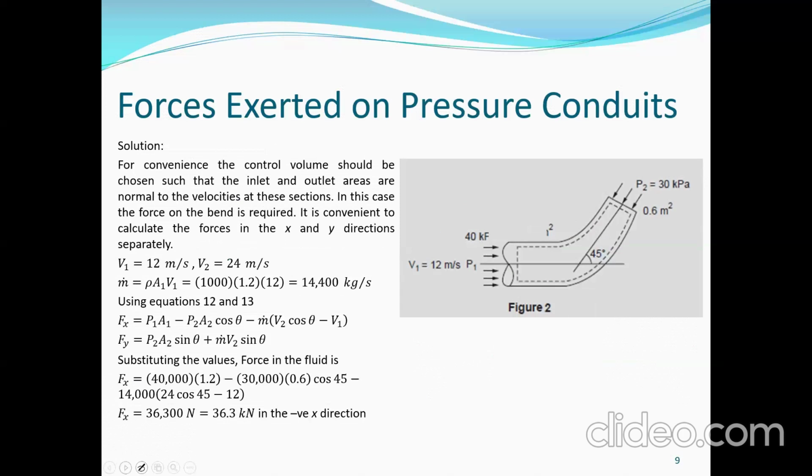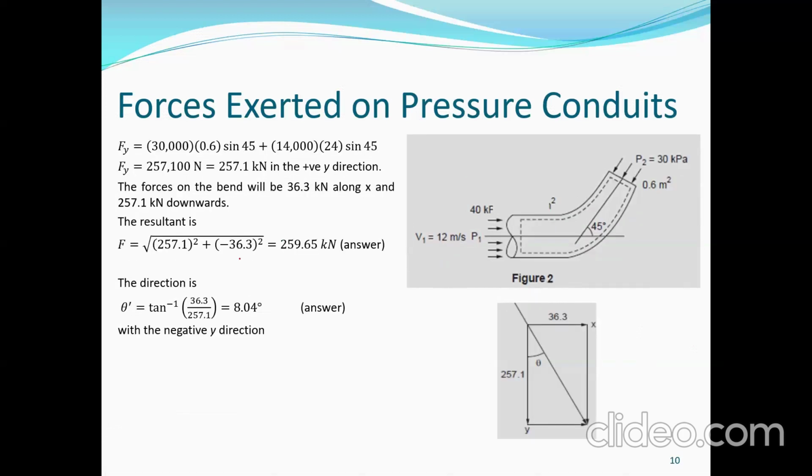In the negative x, kaya negative ito. Di ba? So yan. So opposite. The direction is theta prime is arctangent of 36.3 over 257.1 is 8.04 degrees with the negative y direction.